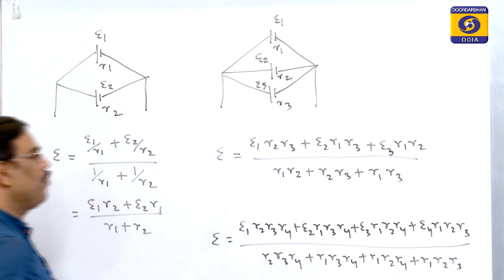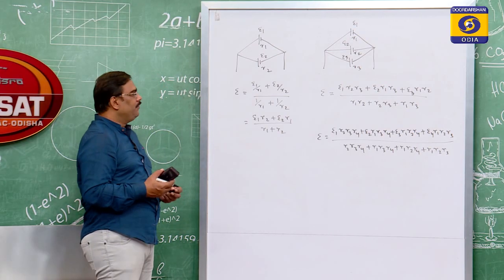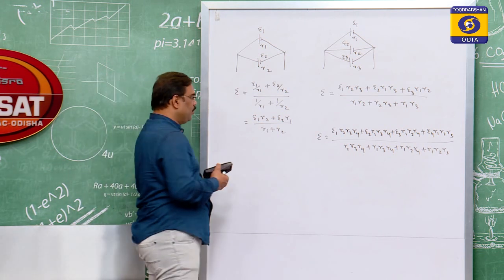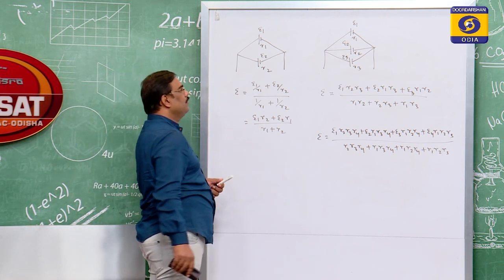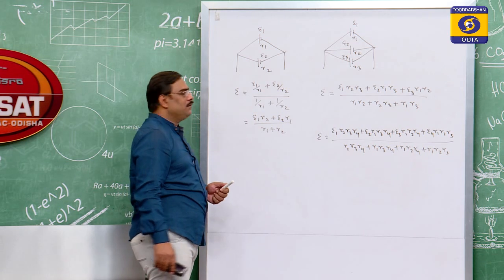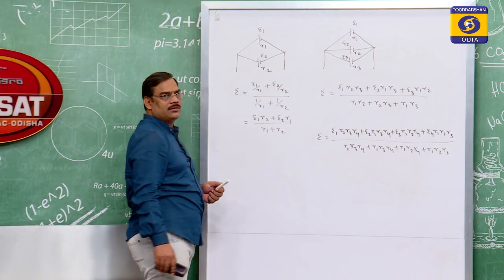So, in this way we can calculate the effective EMF or potential across a parallel combination of dissimilar cells.